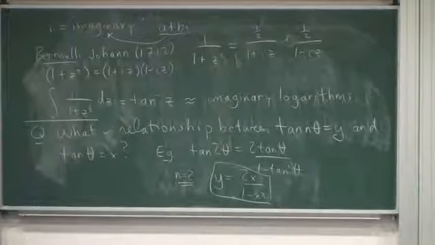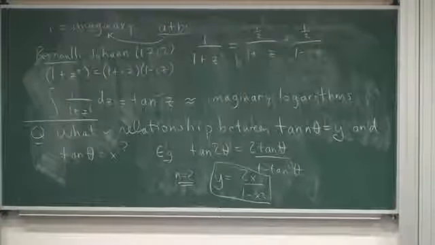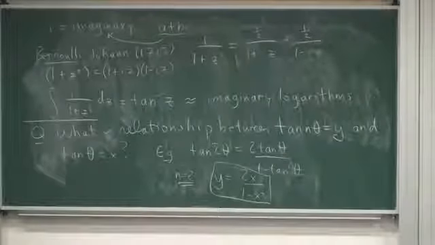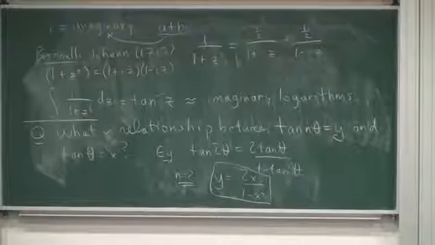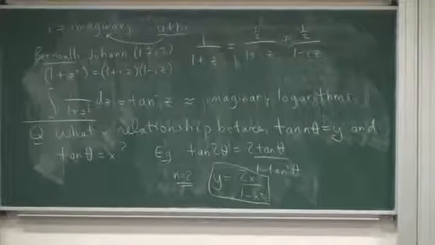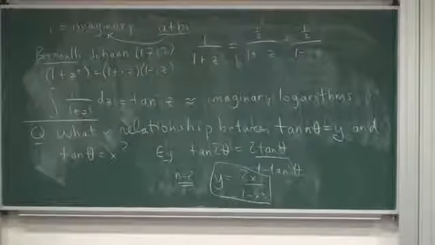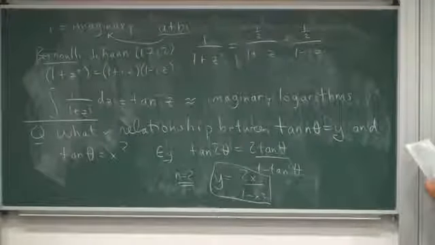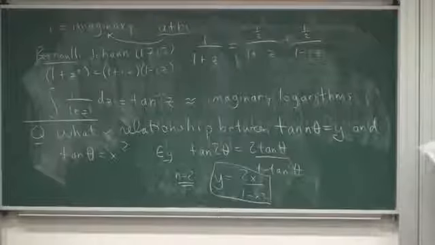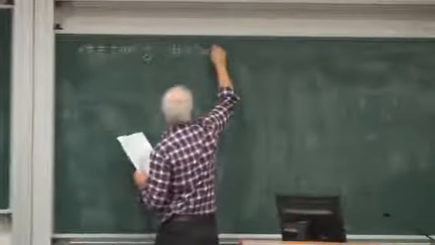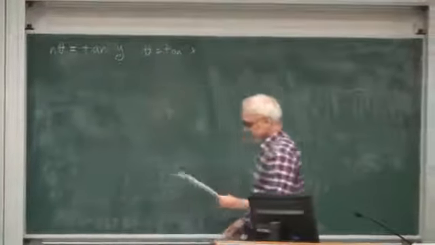And Bernoulli was interested in, well, what happens if we look for higher values, not just n equals 2? What about n equals 3 or 4 or more generally? Okay, so what did he do? He looked at tan n theta equals y and tan theta equals x. So n theta is going to be tan inverse of y, and theta is going to be tan inverse of x.